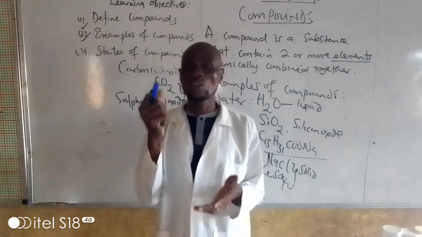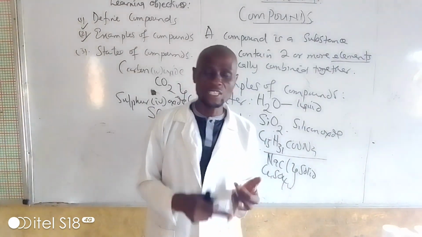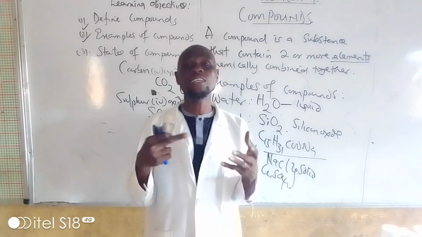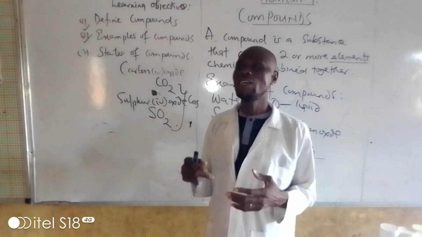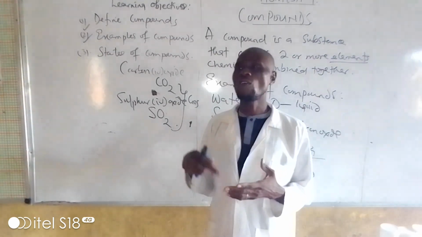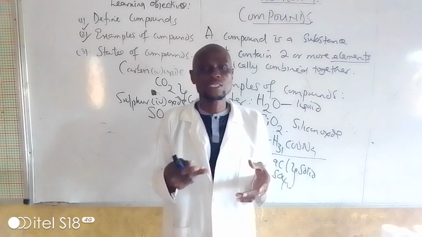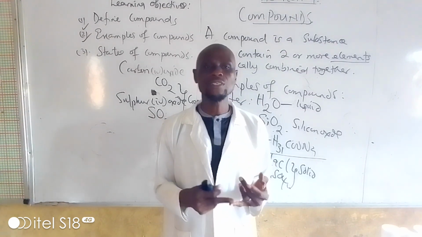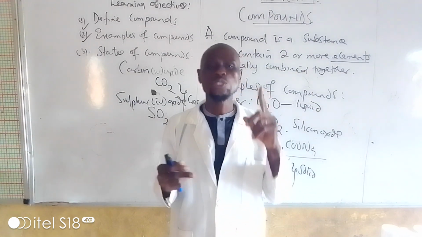A compound can be in solid state, like sand. It can be in liquid state, like water. It can be in gas, such as sulfur 4 oxide, carbon 4 oxide, nitrogen 4 oxide, or nitrogen 2 oxide. So a compound is a substance that contains two or more elements chemically combined together.